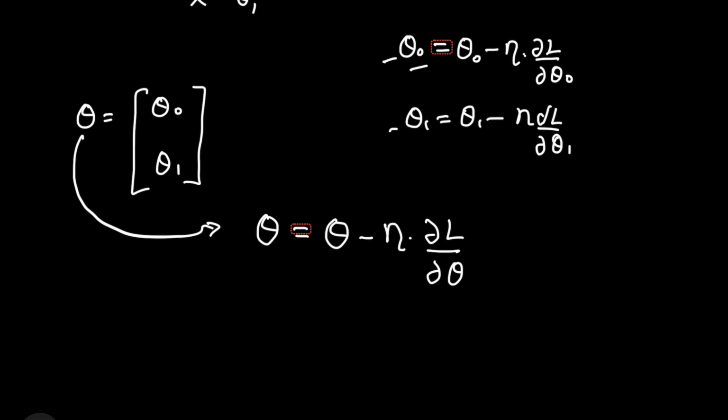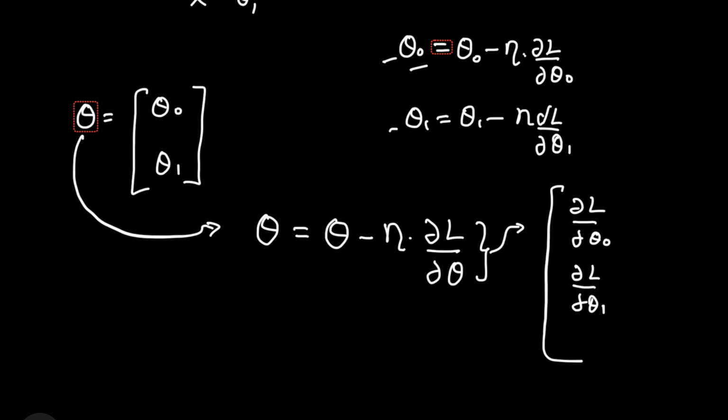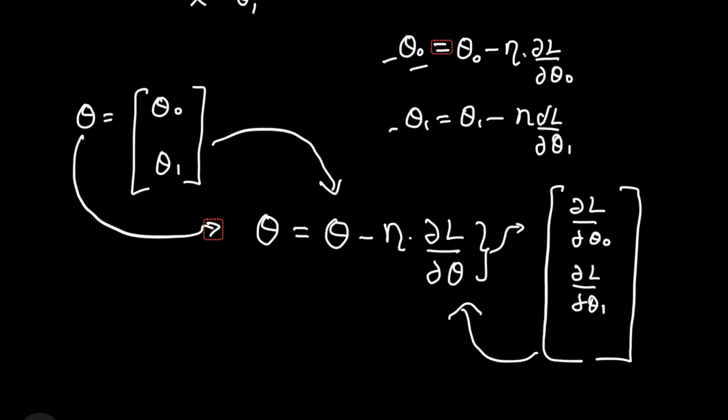You can imagine that del L over del theta is something like del L over del theta naught, del L over del theta 1, since we have just two parameters. If you put theta here and this value here, it becomes equivalent to this part. So this was something that we already saw last time.